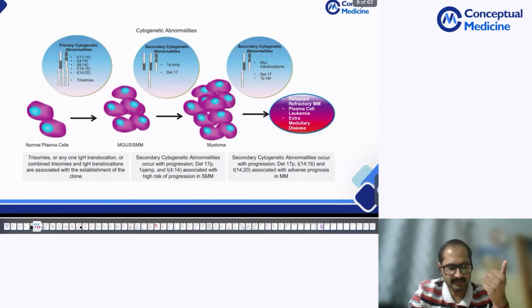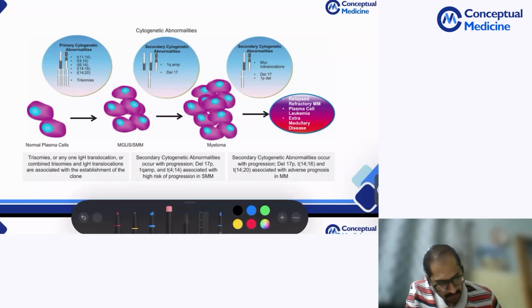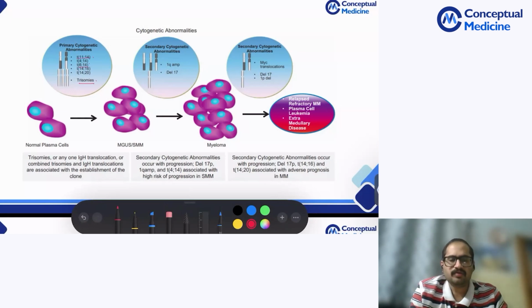Look at the translocation 6;14, translocation 11;14, and trisomies. These are the commonest primary cytogenetic abnormalities in multiple myeloma. Keep in mind that t(11;14), t(6;14), and trisomy 17 are primary cytogenetic abnormalities which happen in multiple myeloma at the MGUS stage.